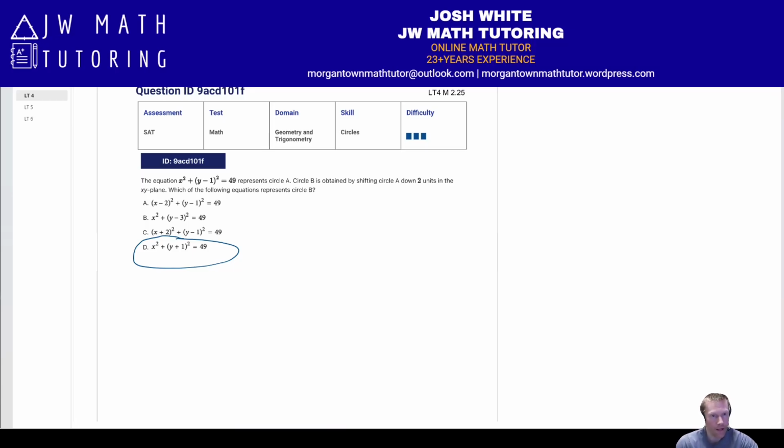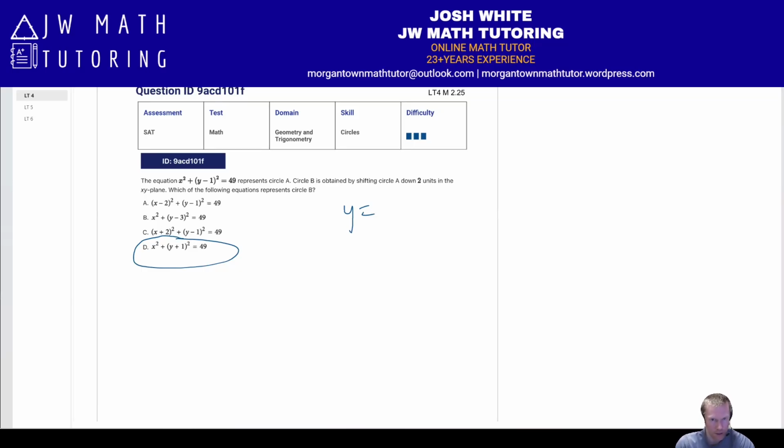The reason is that the y is in parentheses, and anytime you have a variable in parentheses, when you're looking at doing a shift, you have to do the opposite. So what I mean by that is, think about a basic parabola, or any type of function.